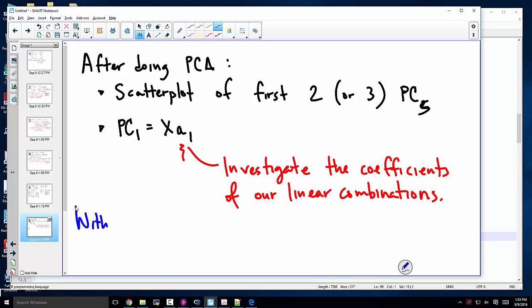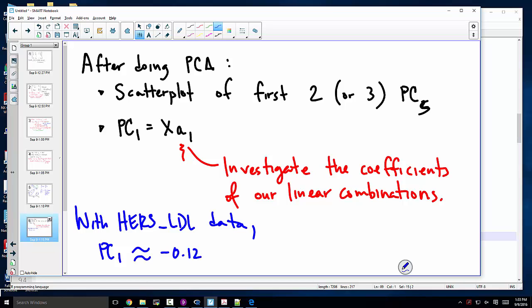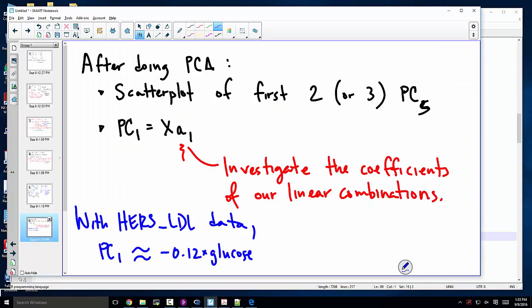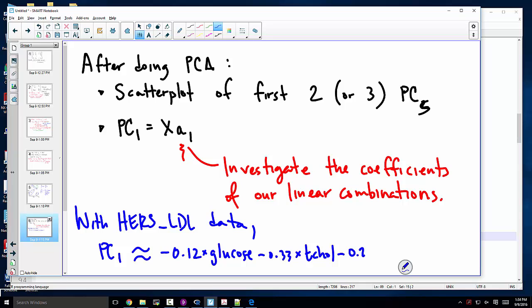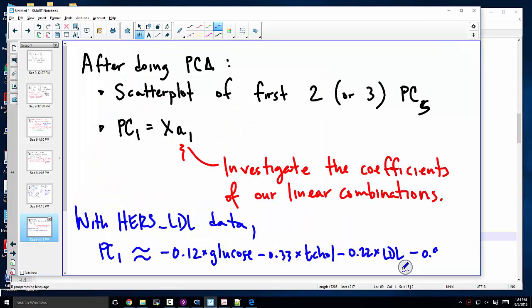with the HERS LDL data, PC1 is approximately, I'm going to say minus 0.12 times glucose, minus 0.33 times total cholesterol, minus 0.22 times LDL, and minus 0.9 times Tg.